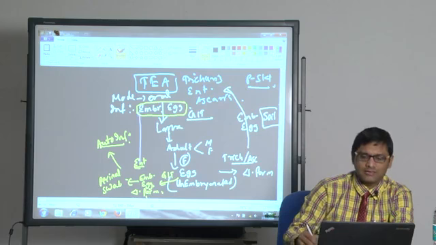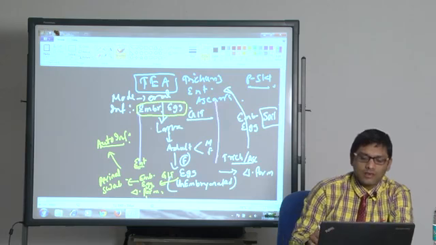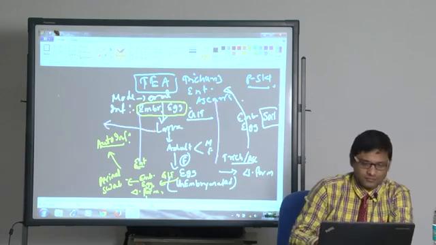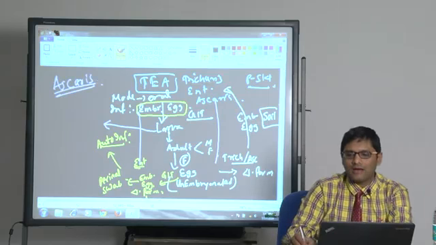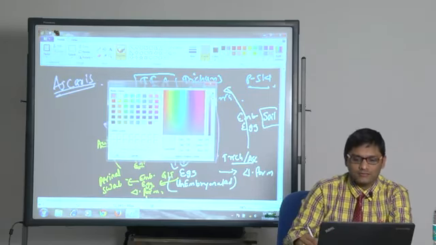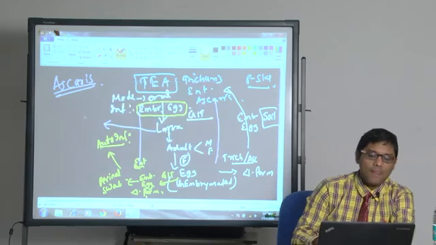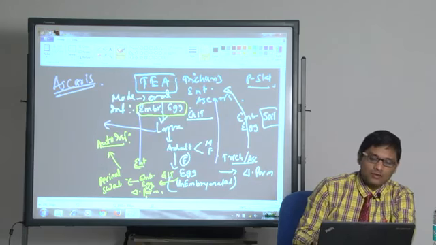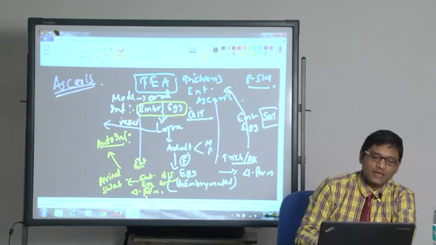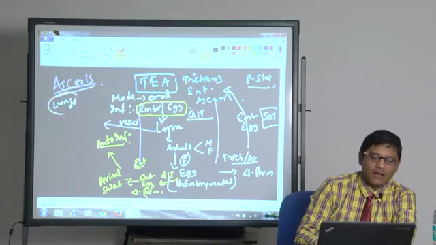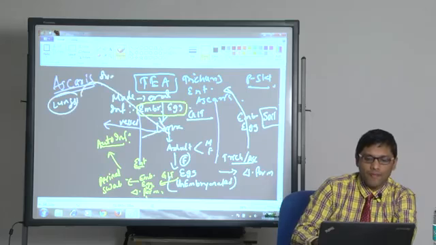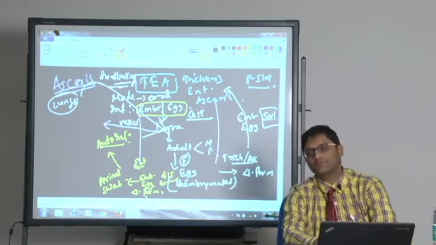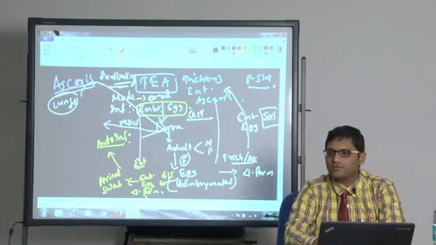In Ascaris, the larva penetrate the GIT and through the GI vessels they reach the lungs, and from the lungs by the swallowing of sputum again they come back to the GIT.